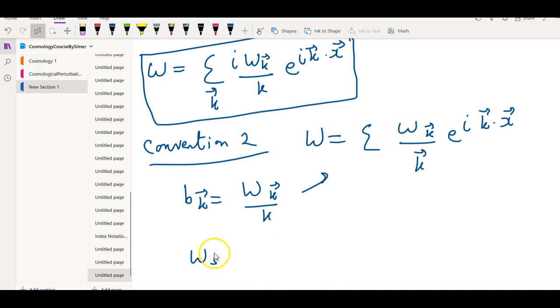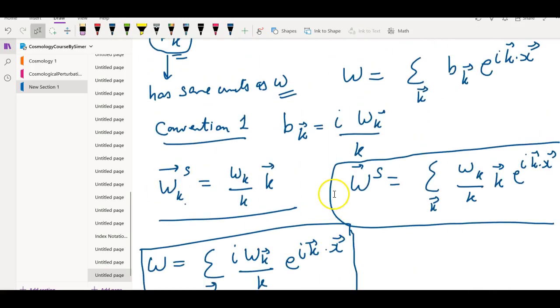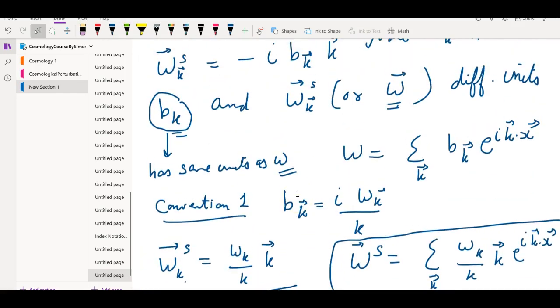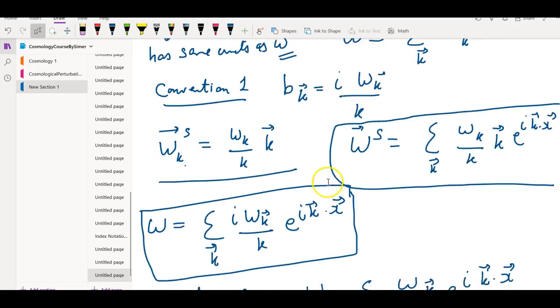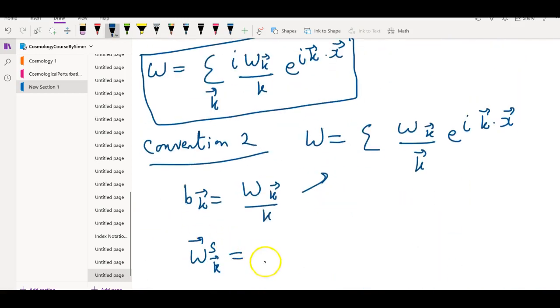And what is W scalar? The expansion of W scalar becomes, for its Fourier coefficient, minus i BK, which is this.